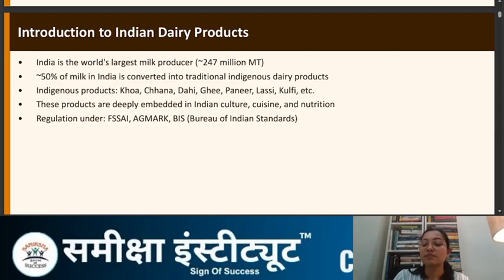Since milk is very nutritious, it is susceptible to spoilage also, so it should be converted to other products. Otherwise the shelf stability is very less. Within a day, within some hours only, it will get spoiled and wasted. So what we need is to convert it into traditional indigenous dairy products.